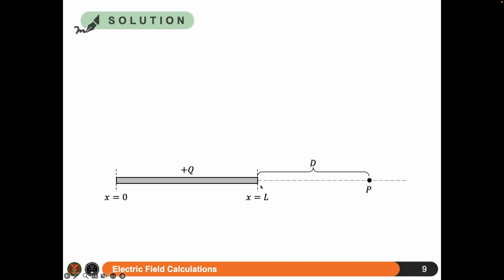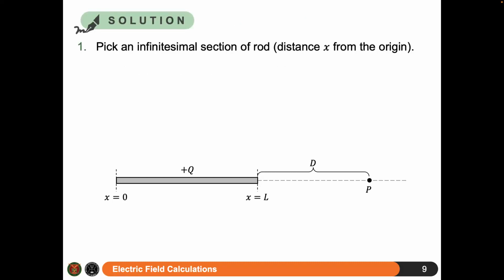So we pick an infinitesimal section of rod a distance x from the origin. So it should be something like this. This will be the infinitesimal length dx from our rod. And then we write down, this will have a distance x from the origin. So just some dummy variable, random variable x.